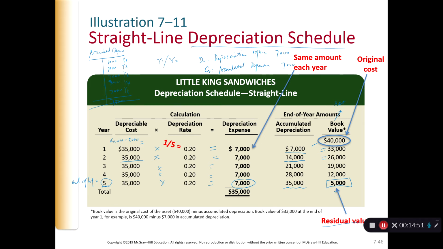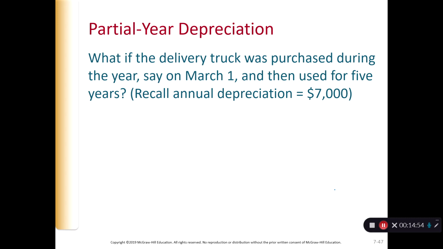Okay, so partial year depreciation. What if the delivery truck was purchased during the year, say March 1st, and then used for 5 years? Then how do we do it? As we know, the annual depreciation amount is 7,000, but in the first year, we only use it from March to December, which is 9 months, right?